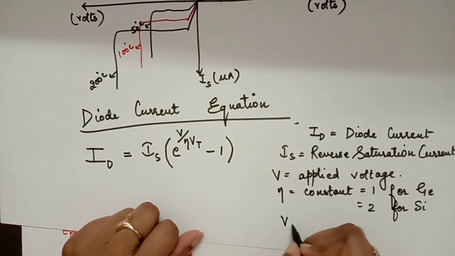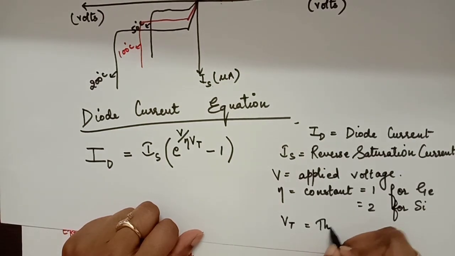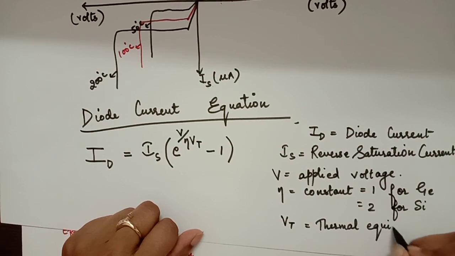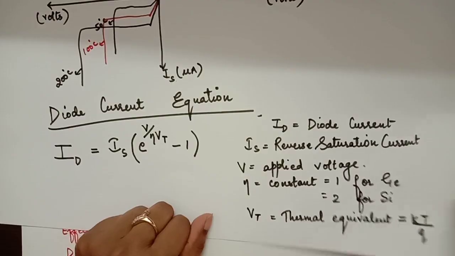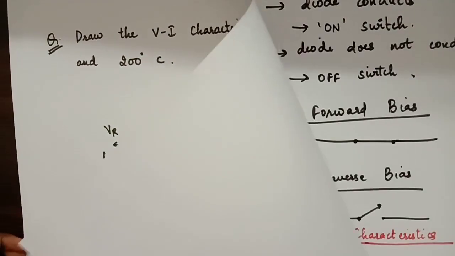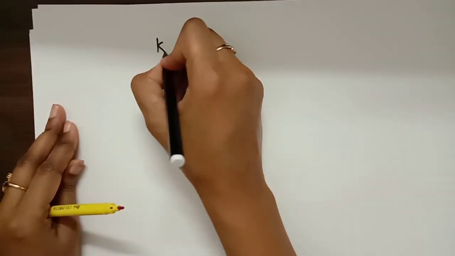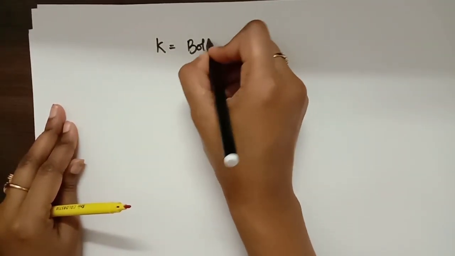And VT is the thermal equivalent of voltage, and the value is kT by Q. It is kT by Q. And do you all remember what K is? K is the Boltzmann constant.